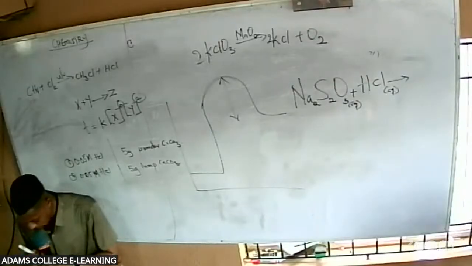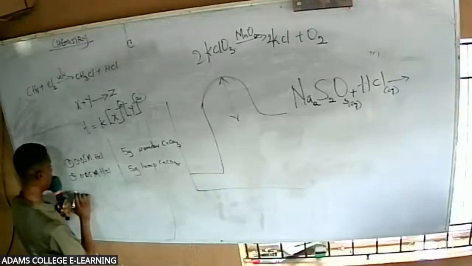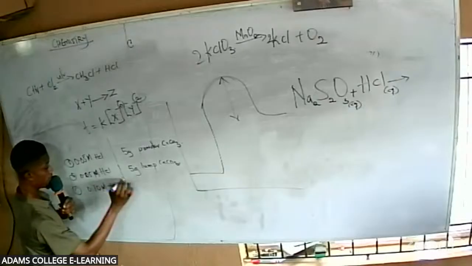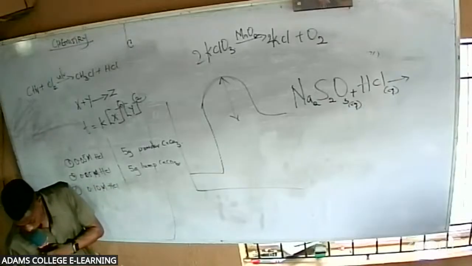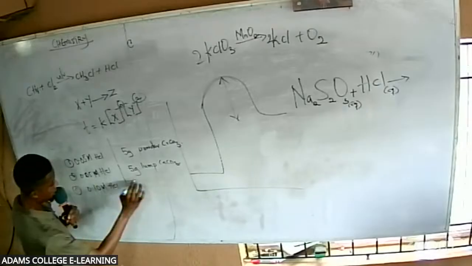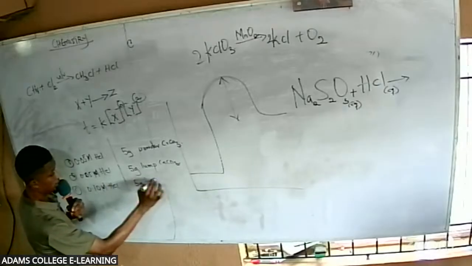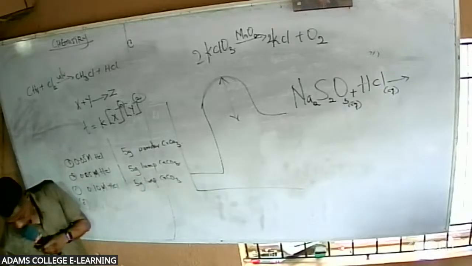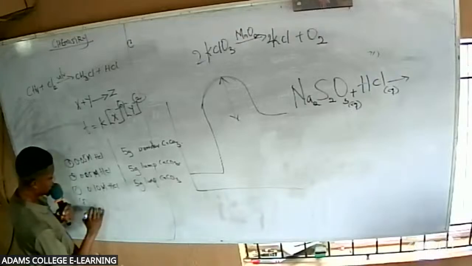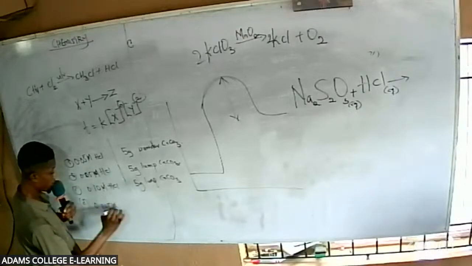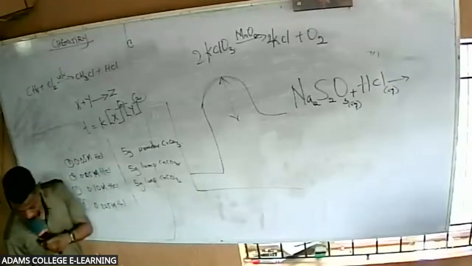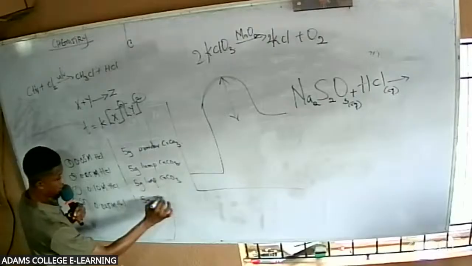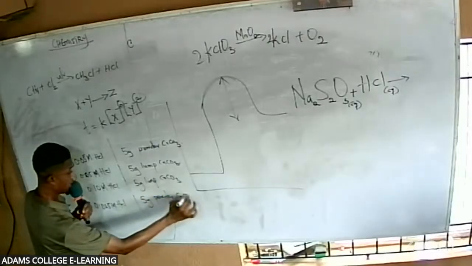Then option C, we have 0.10 mole per dm cube of HCl and 5 gram of powdered CaCO3. Then option D, we have 0.025 mole per dm cube of HCl and 5 gram of powdered CaCO3.